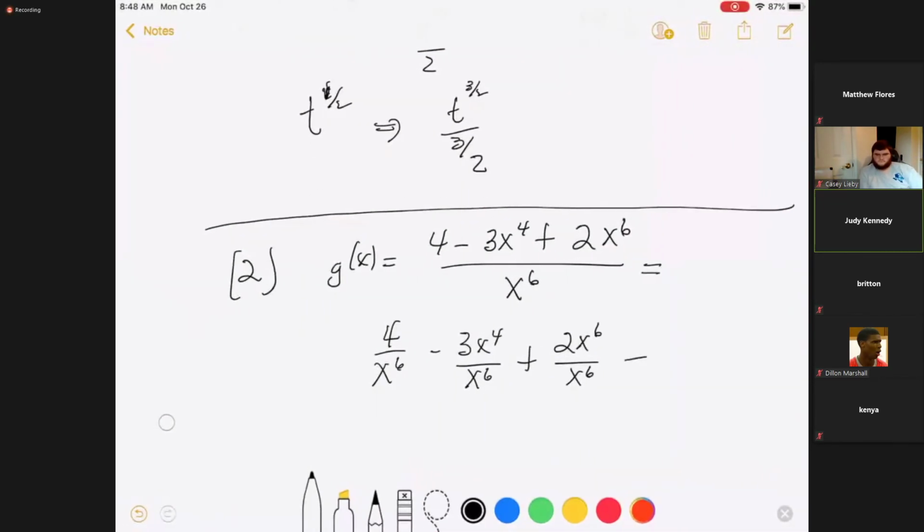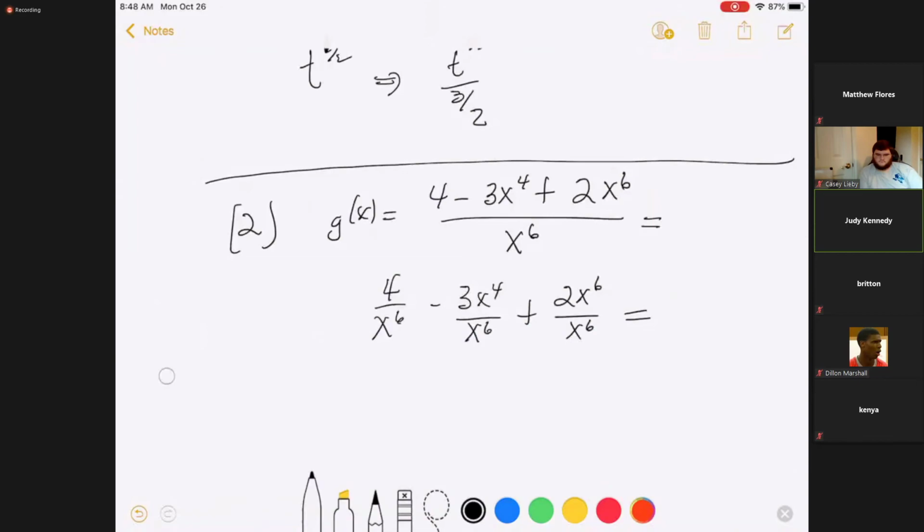And that's equal to, okay, well, it'd be better if I had these written in the form x to the n. But I can do that. What's 4 over x to the 6th equal to? Wouldn't it be 1 over x squared?